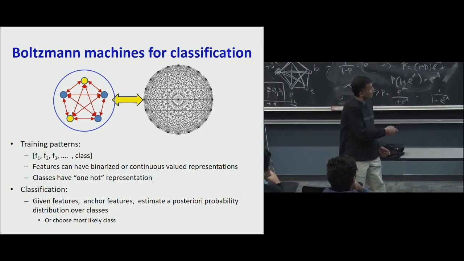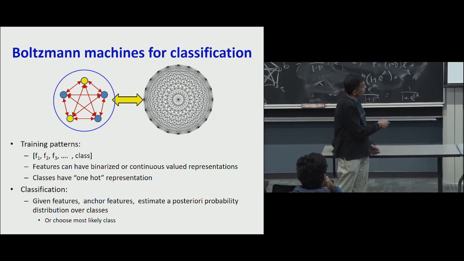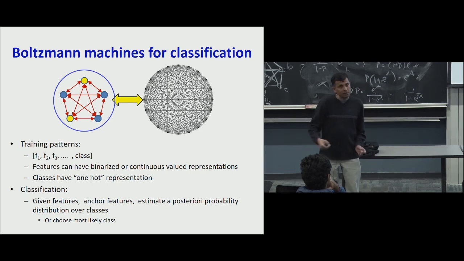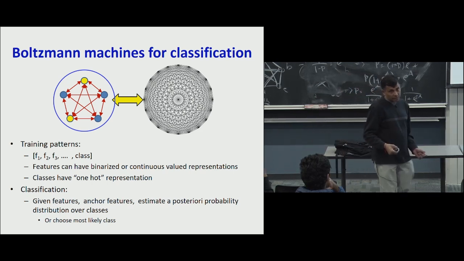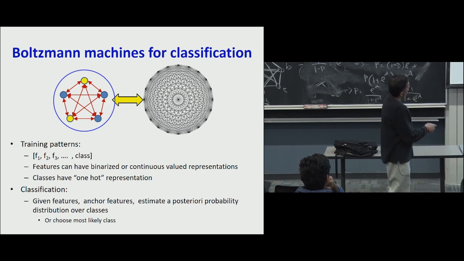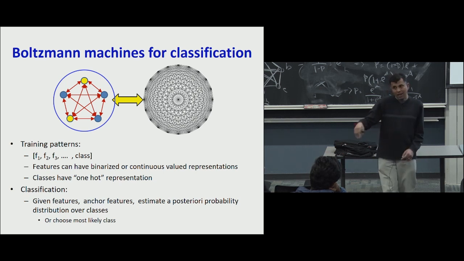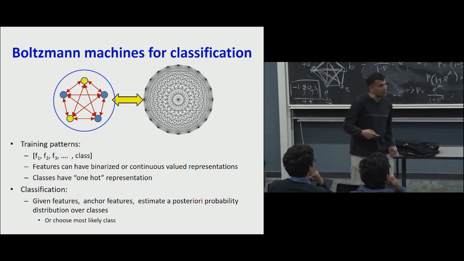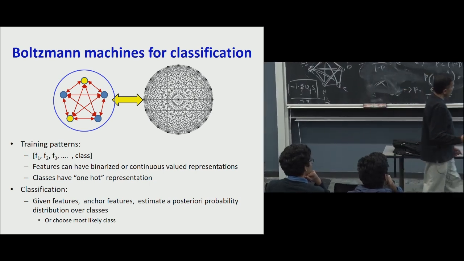But then the extended representation includes both features and the class, where the class itself is represented either as one hot or as a binary vector of any kind. And now you can learn a Boltzmann machine which remembers these, right? Subsequently, when I give you just the features f, I can fix the features, let it evolve, and I can fill out the class values, and now I can use it for classification, right?